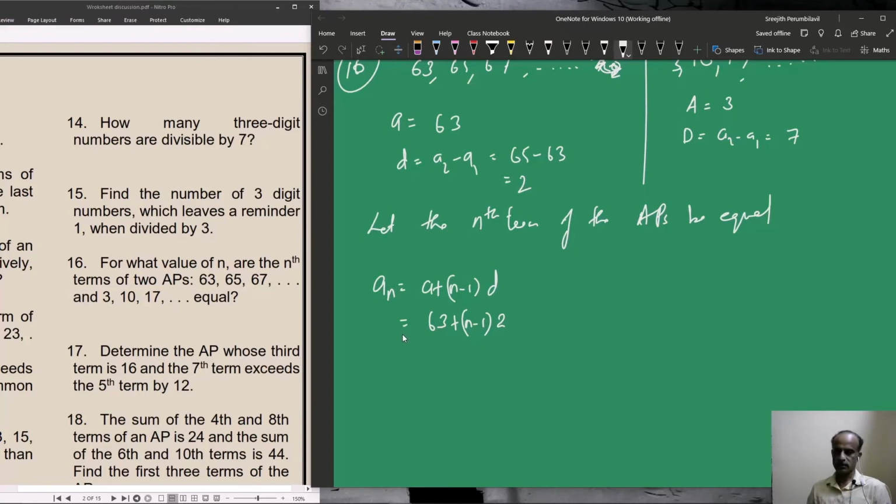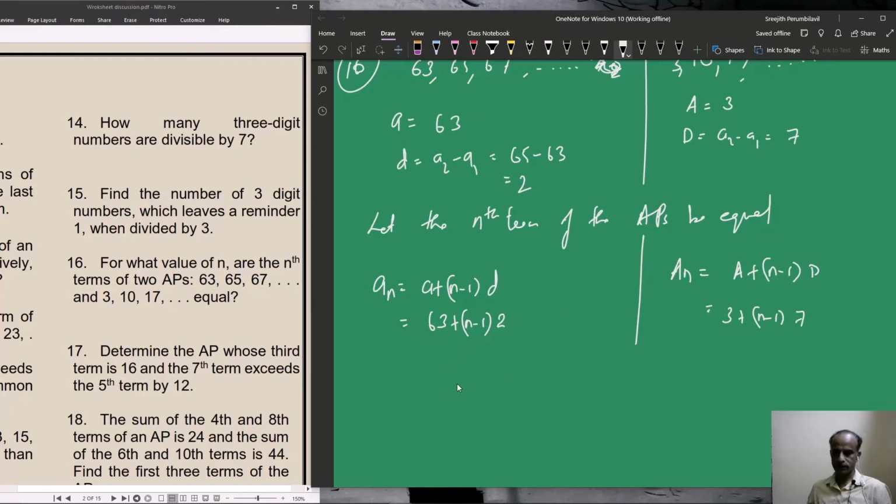What about the nth term of the second AP? An, that is capital A plus n minus 1 into capital D. Someone will be asking, why not capital N? Here the nth term, 20th term, both of them are the same, so small n is used. That is equal to 3 plus n minus 1 into 7. We have to find n, that is, which term they are equal. For what value of n are the nth terms equal? We have to find the value of n.